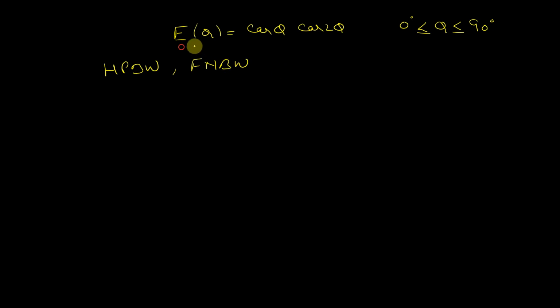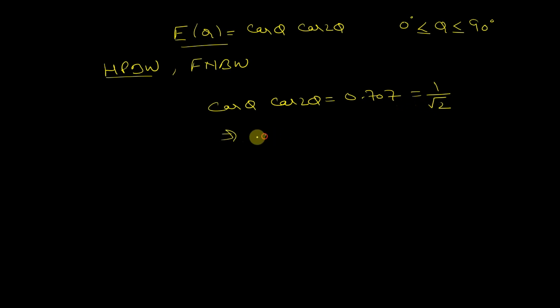Now we know that this is E theta and the half power beam width will occur at 0.707. So directly put cos theta cos 2 theta is equal to 0.707. That will be equal to 1 upon under root 2. So it implies that cos 2 theta is equal to 1 by root 2 cos theta. So we have to solve it.